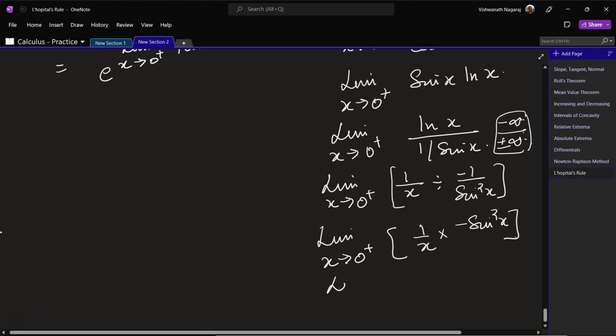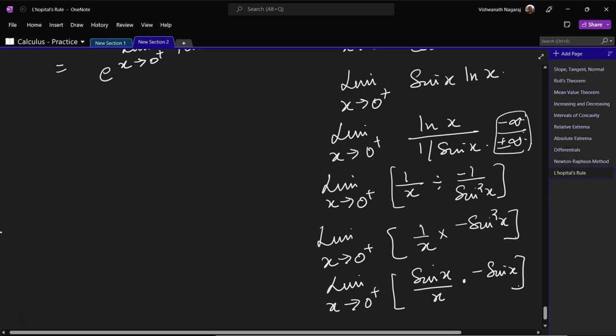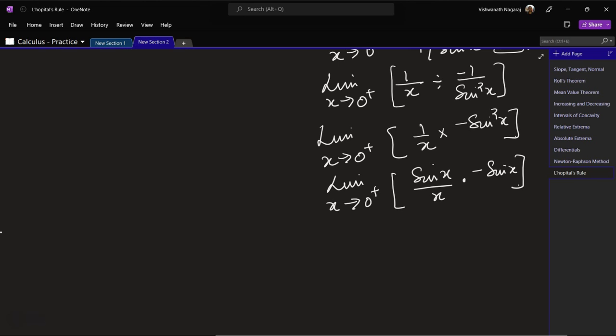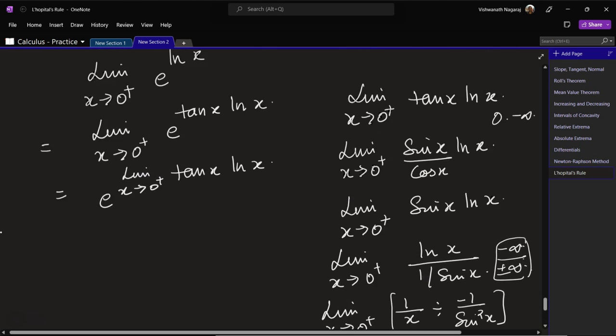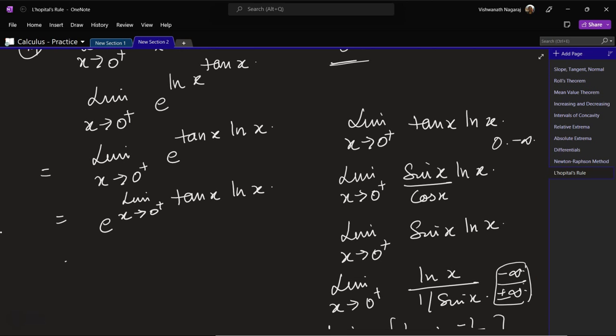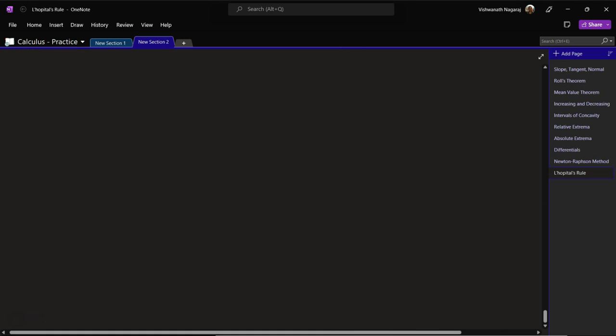Which means we can split that sine square in this form, sin x by x times minus sin x. And now if we take the limit, we know that this is 1 times 0, which gives us 0. Now if this is 0, we can substitute it here. So we get e to the power of 0, which means the limit is 1. Okay, pretty interesting.